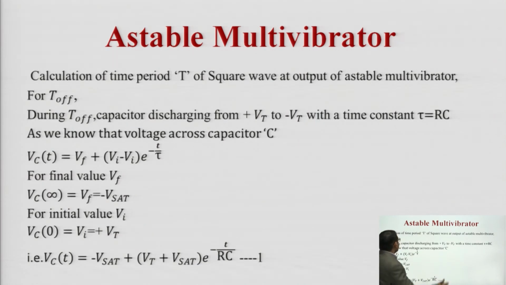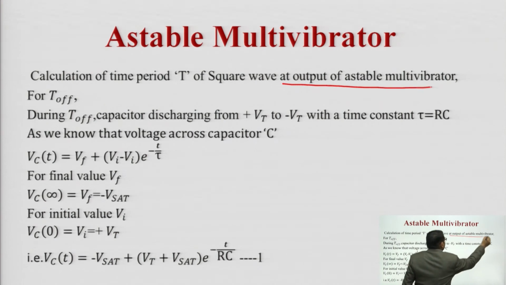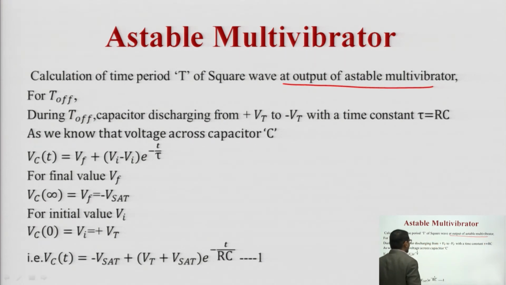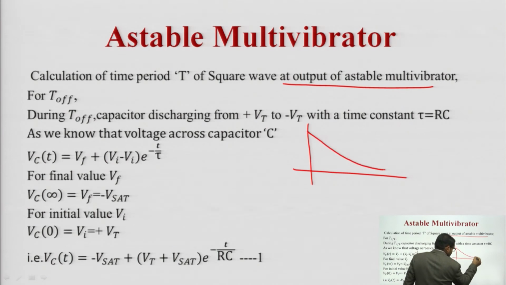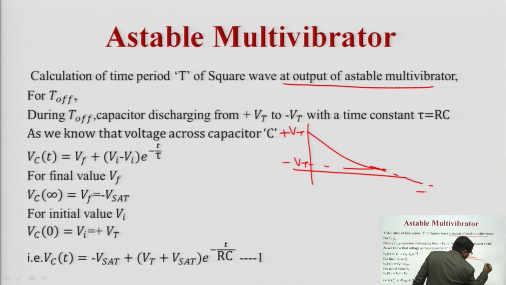Now, calculation of the time period for the square wave at the output of the astable multivibrator. For time T, the capacitor starts to discharge from plus Vt and goes to minus Vt, and ideally it goes to minus Vsat. So minus Vsat is the final value and plus Vt is the initial value.